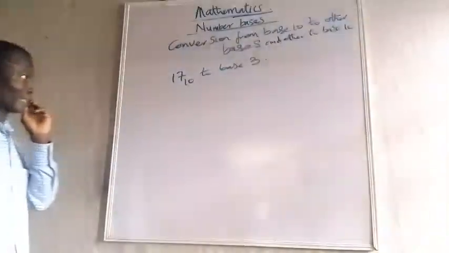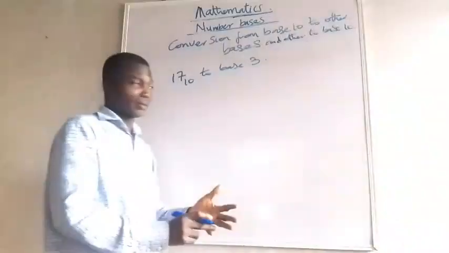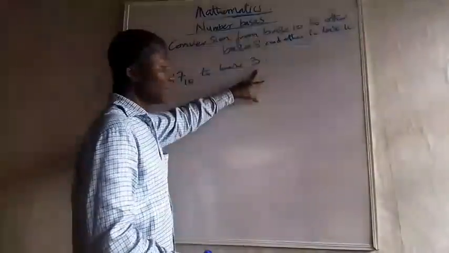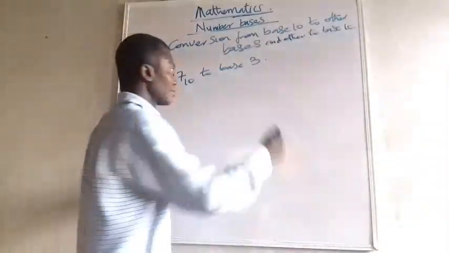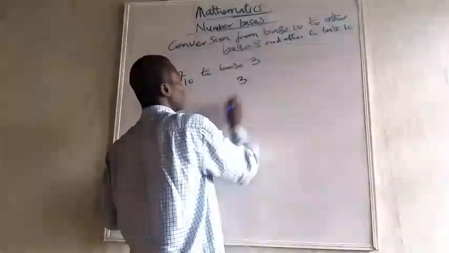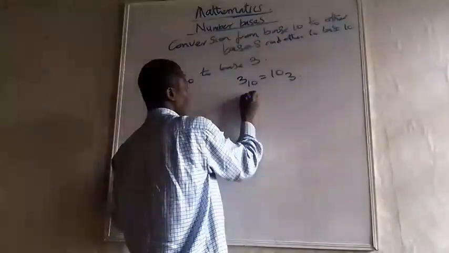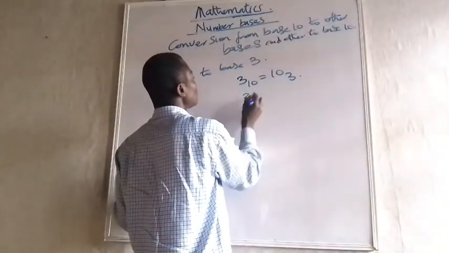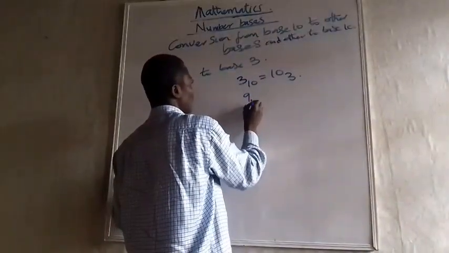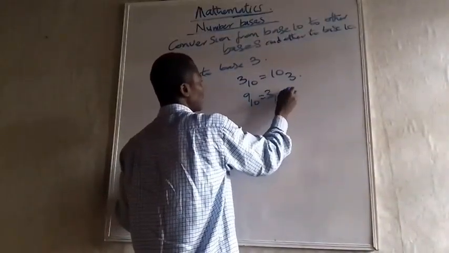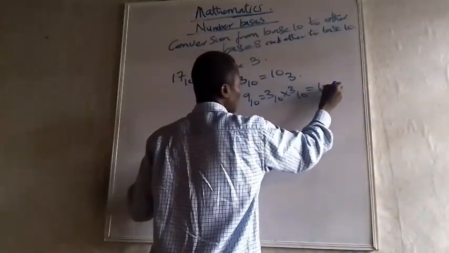From what I have done the other time, you know that when we have 3 in base 3, it's going to be 10. When we have 9 base 10, it is going to be 3 base 10 times 3 base 10, and that is 100.